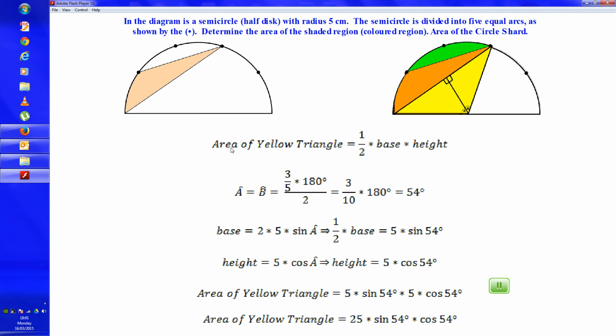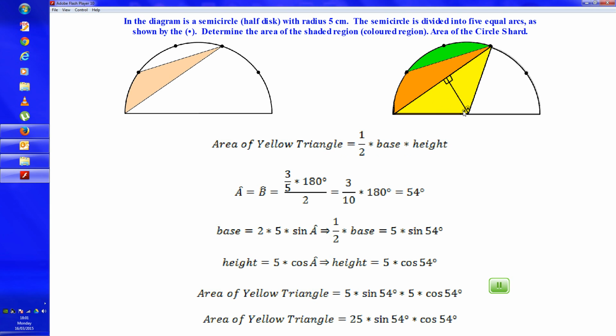Now the area of the yellow triangle that was defined earlier. That's the section that we need to subtract from the orange sector, along with the area of the green segment, to get the area of the shard. We could do this in a couple of steps. First of all, we'll work out the area of the yellow triangle, which is half the base times the height.